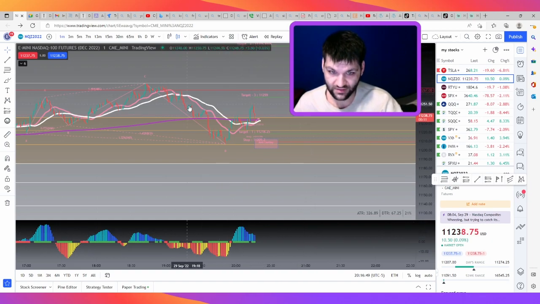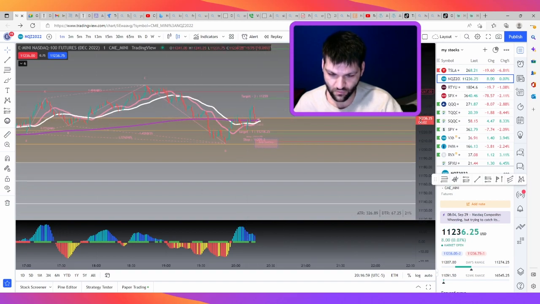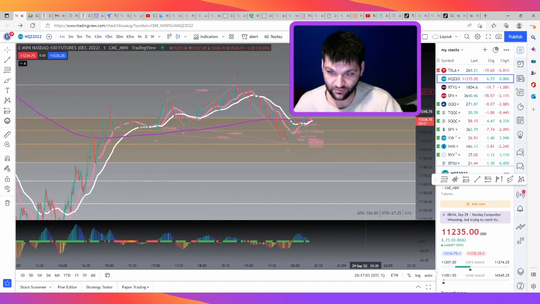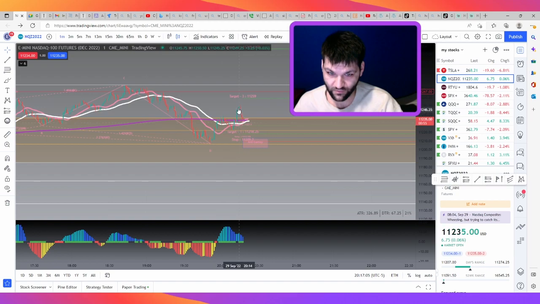If not, this is kind of where I'm looking at for my next play. It might take a couple minutes, it might not, right? But we're waiting. And if it starts rejecting already, which it looks like it is, I'm going to wait and see what happens here at this 200 EMA, which, as we know, tends to be a bounce area or rejection.